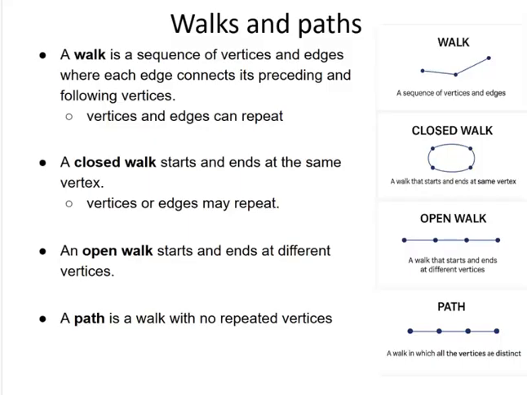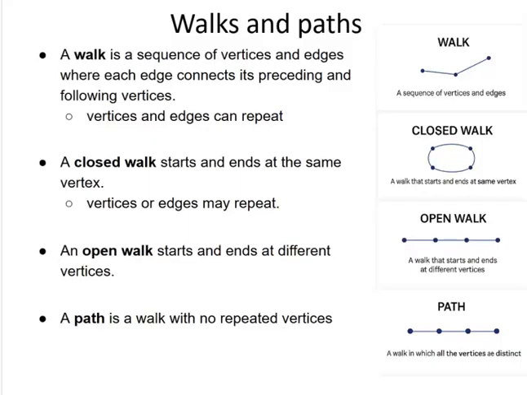A closed walk is where there's some way in which you come back to the same vertex. So is it A to B, or is it A going through a series of nodes back to the start point A? That's a closed walk. An open walk is the A to B type of scenario.